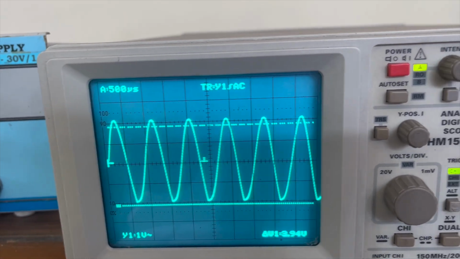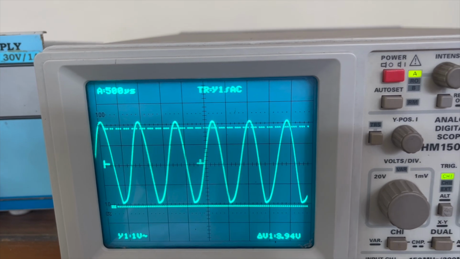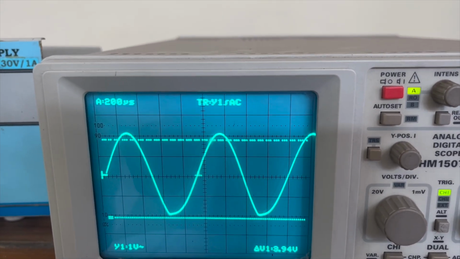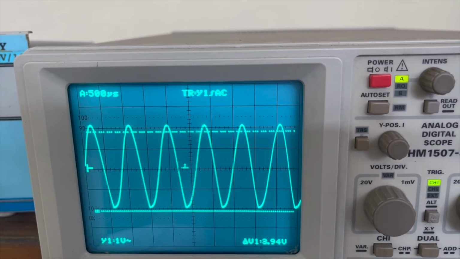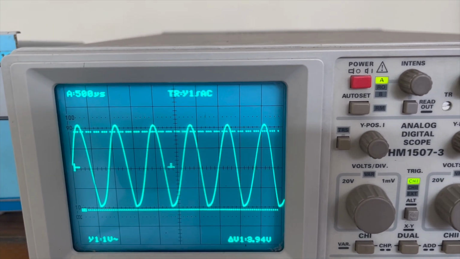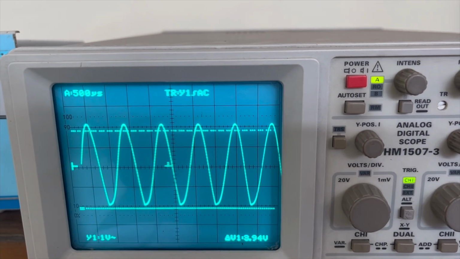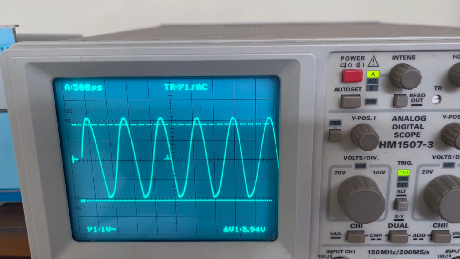We have set it to 500 microseconds, and it is approximately taking 1.8 divisions. At 200 microseconds it is taking 4 divisions, right? In 500 microseconds it is taking 1.8 divisions.